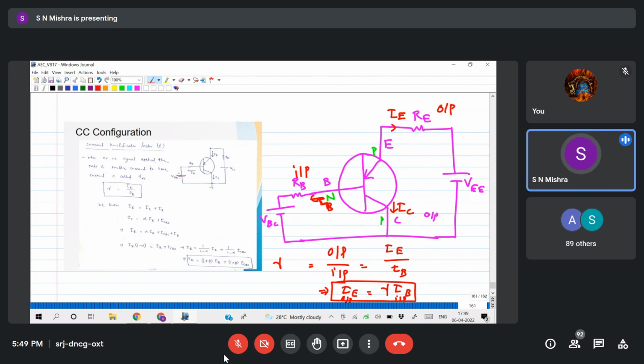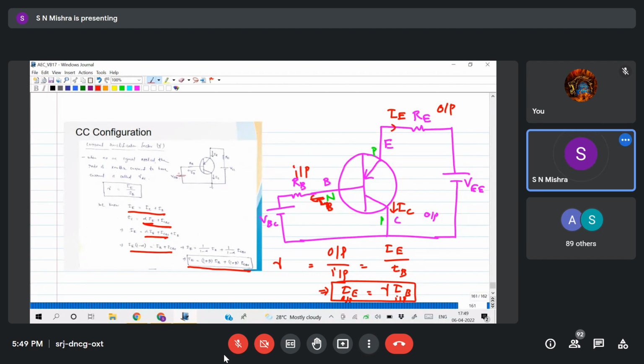Now if you want to find output in terms of IB, that is also possible. So what you will do? IE equals IC plus IB. Then in place of IC, you replace alpha IE plus leakage current. Then you replace all these equations here in IE. Then you just solve it. So you will finally get IE equals 1 plus beta IB plus 1 plus beta into ICBO.